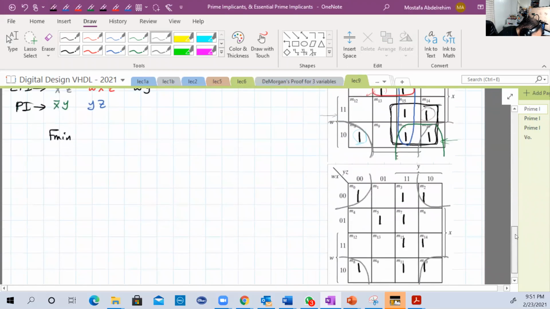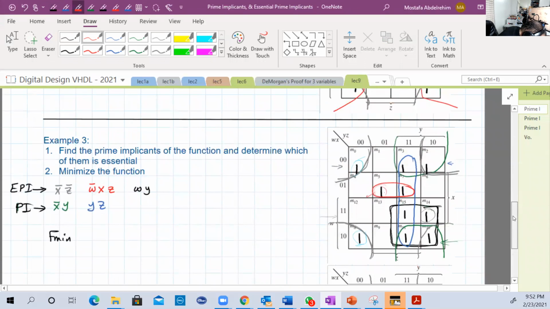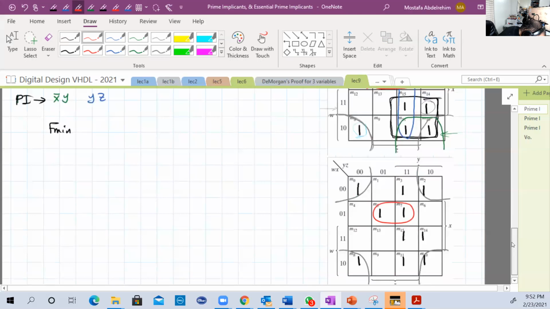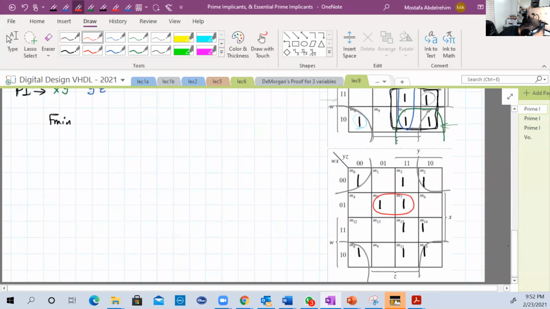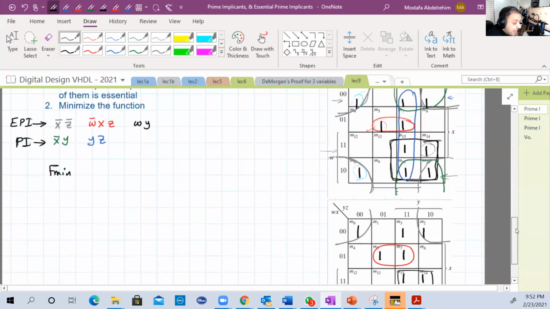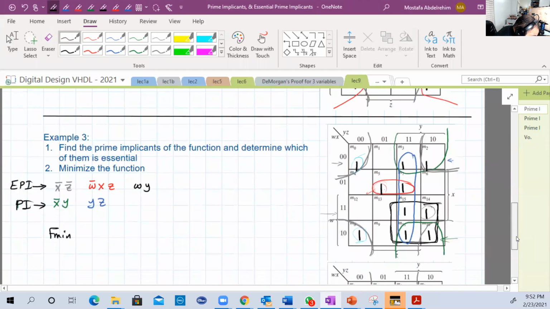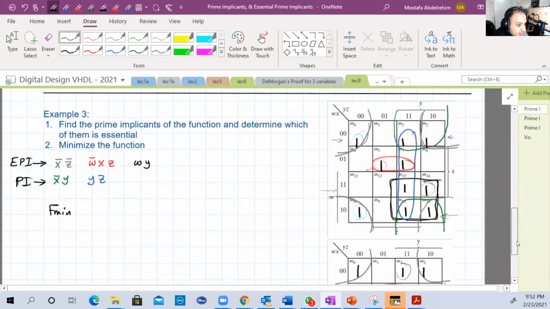Then the red, these two here. Then the black, which are these four. So we have three, and here we have covered three. Now we have one that is not covered, which is that one. That one can be covered by the green or the blue.